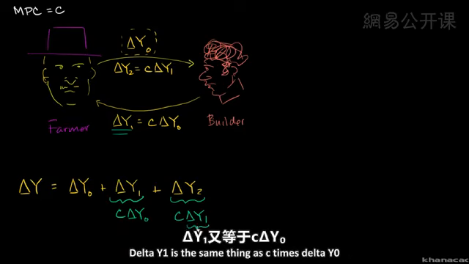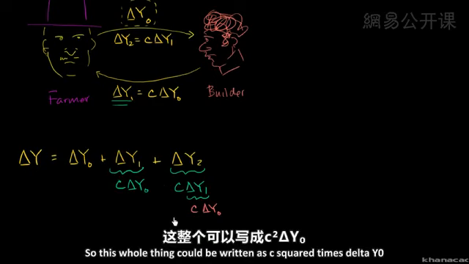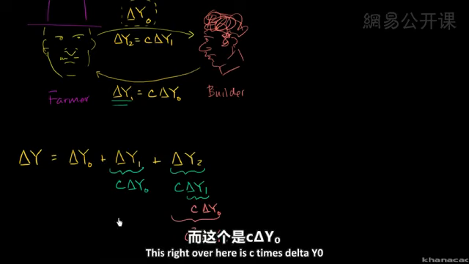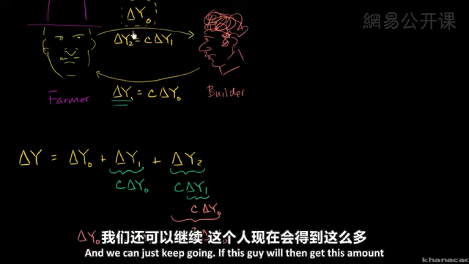Delta Y1 is the same thing as C times delta Y naught. And so this whole thing can be written as C squared times delta Y naught. This right over here is C times delta Y naught. And this, of course, is just delta Y naught. And we can just keep going.